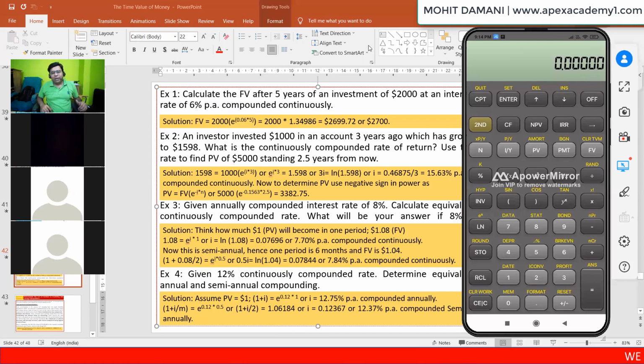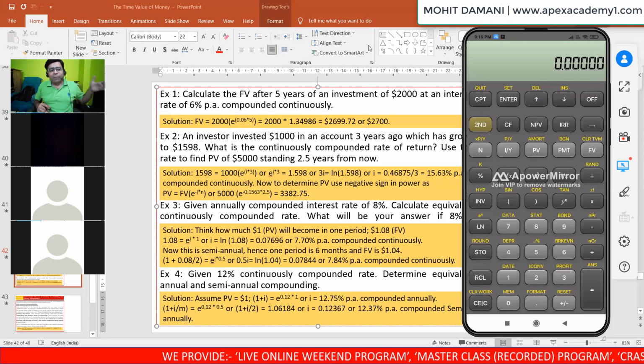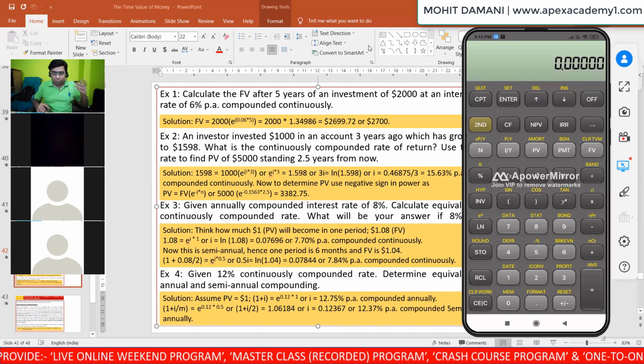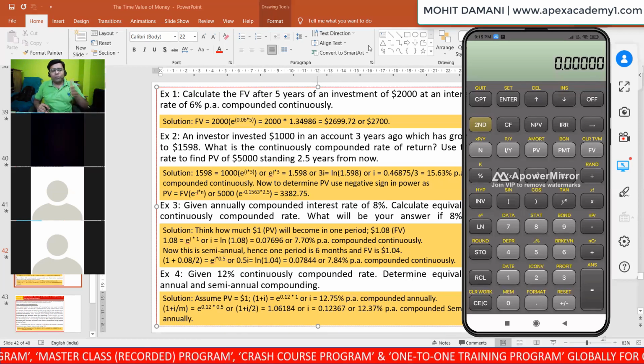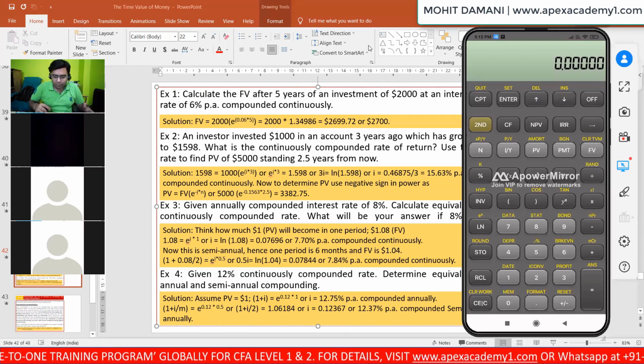Logarithm has a range value. If you type 100 and then do second ln, maybe it will not work because that is beyond the range of logarithm. So it is a mathematical error. It is a range-bound number, just like correlation, which can be between -1 and +1. I don't exactly recall, but logarithm also has a range. So if you go beyond that range, it will be a mathematical error.